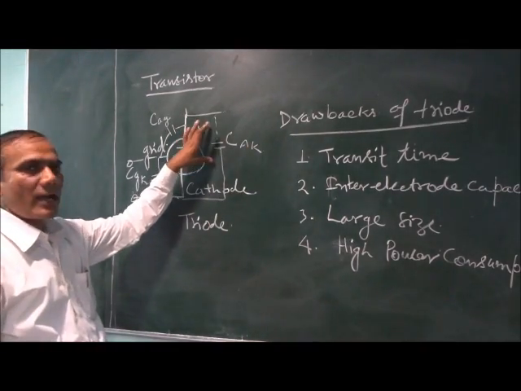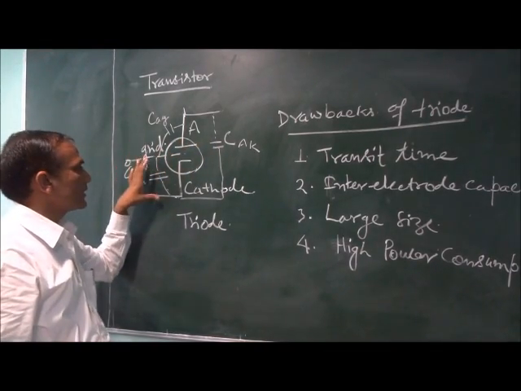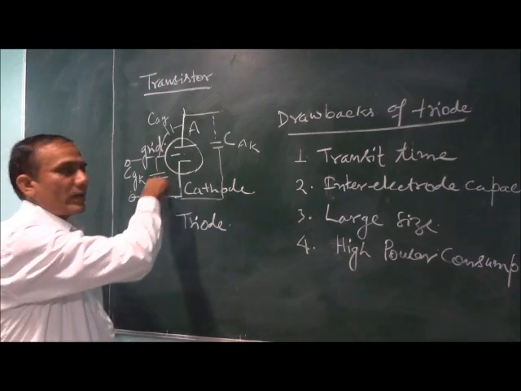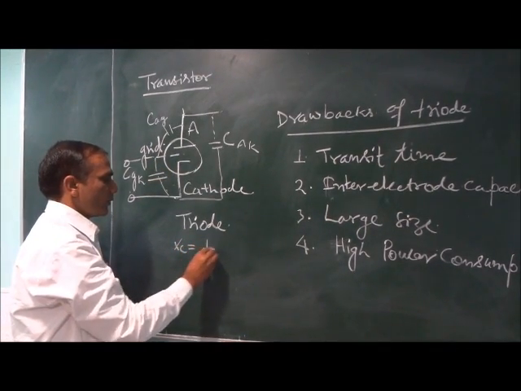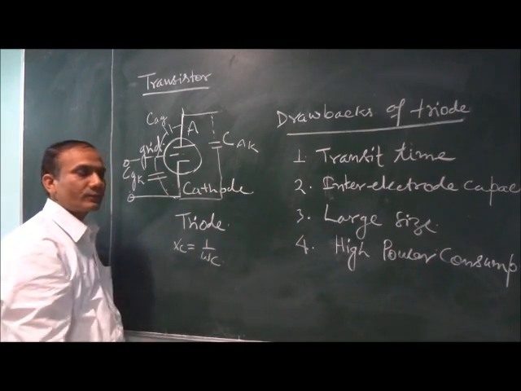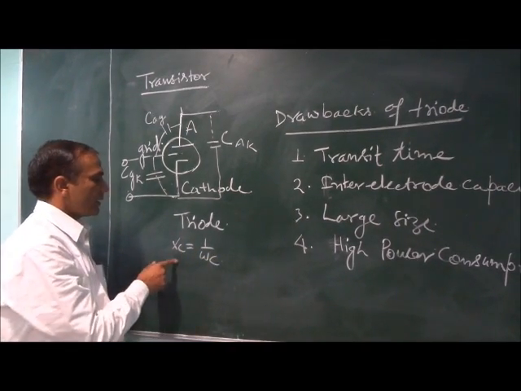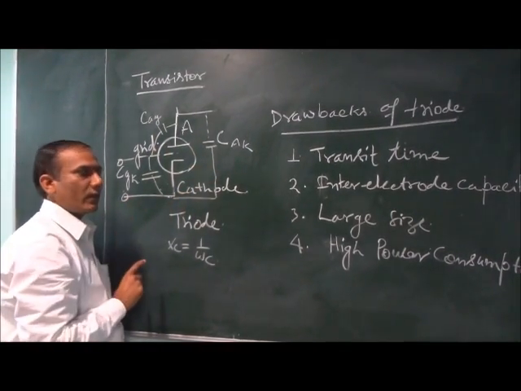On higher frequencies, the capacitive reactance of these capacitors goes down, because as you know, Xc is equal to 1 upon omega C. As the frequency goes higher and higher, the capacitive reactance of all the capacitors goes down.